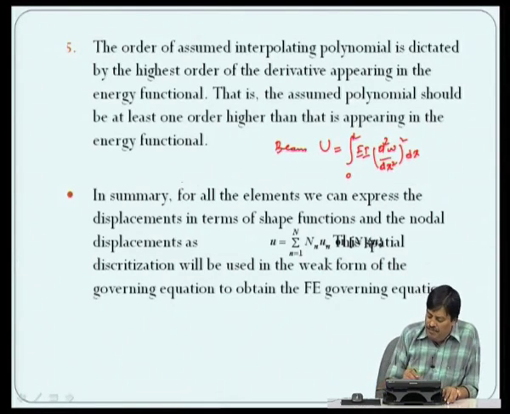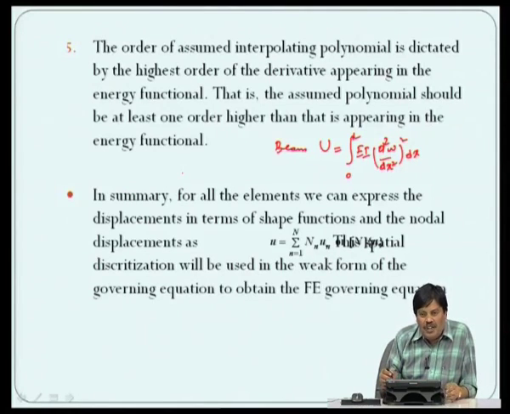Suppose you assume a linear polynomial, which you cannot do anyway. If you assume it, then the energy will go to 0, because d squared w by dx squared will not exist. And suppose you use a quadratic polynomial, then d squared w by dx squared will only be a constant.